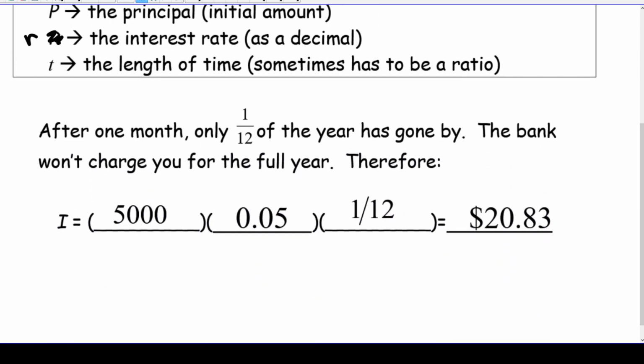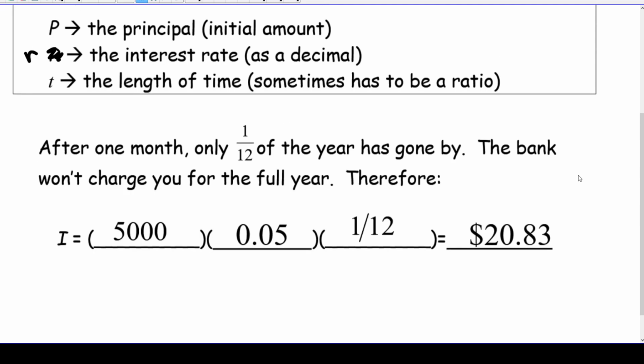So after 1 month, 1/12 of the year has gone by. The bank does not charge you for the entire year. Therefore, here's the calculation that you would use to calculate how much interest you would get after 1 month. Your P, your principal, is 5,000. Your R is 0.05. And the amount of time elapsed is 1/12.